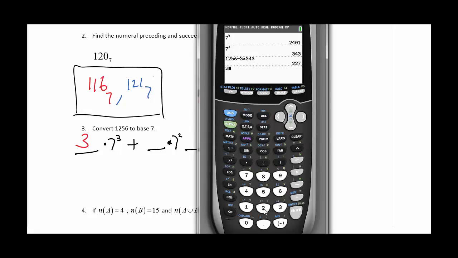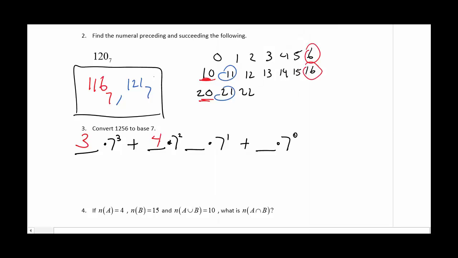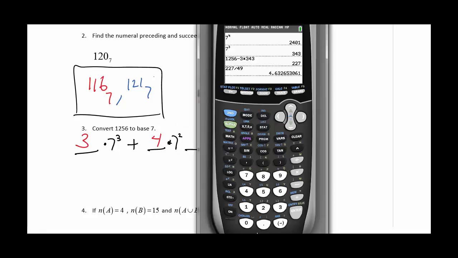How many times does 7 squared go into 227? Well, 7 squared is 49. So I can get it in there 4 times. So that number is 4. So 227 minus 4 times 49 gives me a remainder of 31.